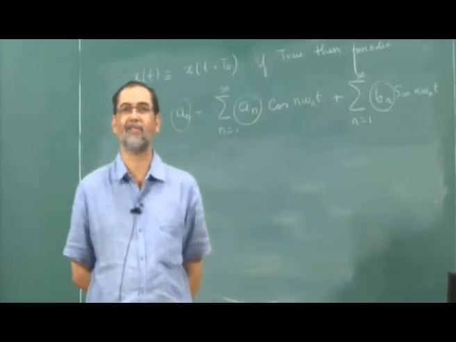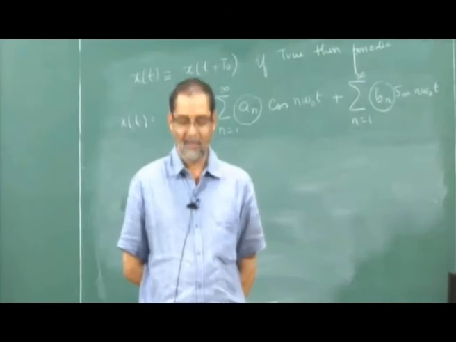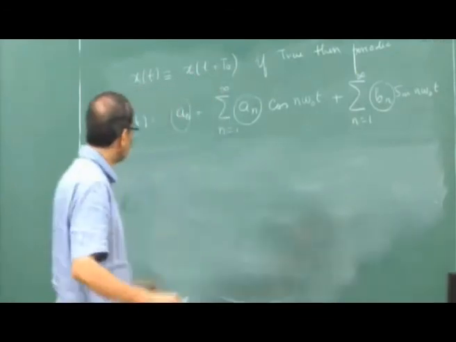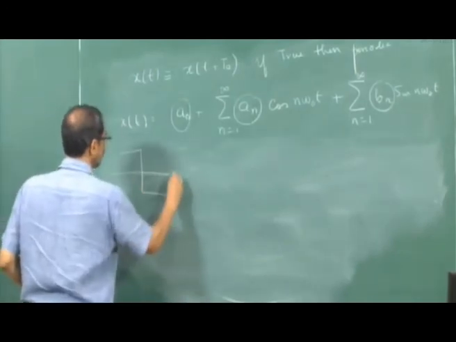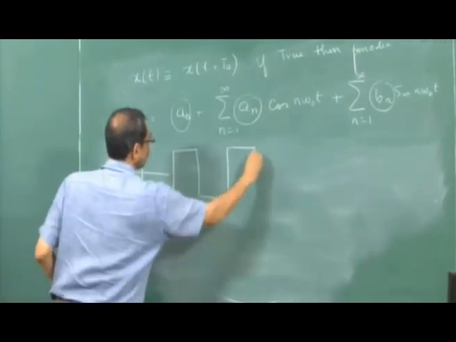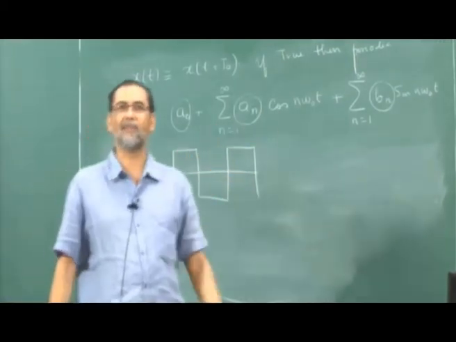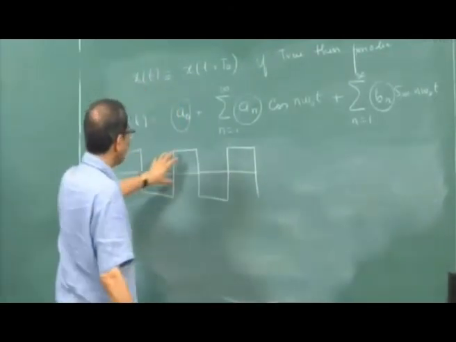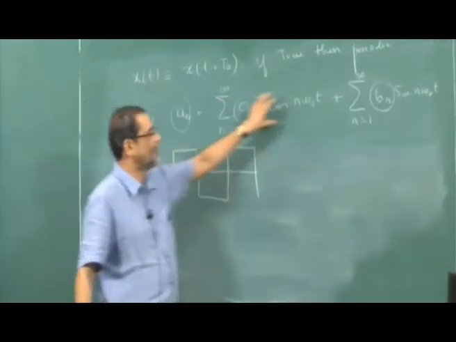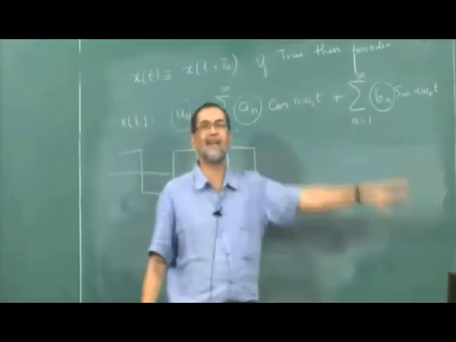And they asked a very simple question, right. They said, Mr. Fourier, look at this, if x of t is a rectangular function and periodic, you are claiming that this function can be written in terms of a large number of cosine and sine frequencies.